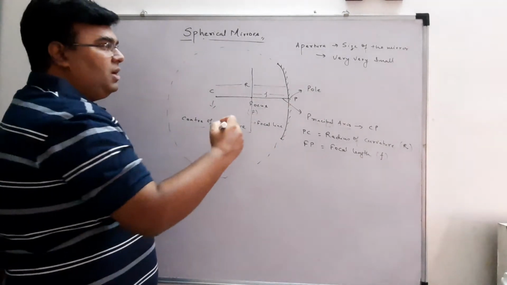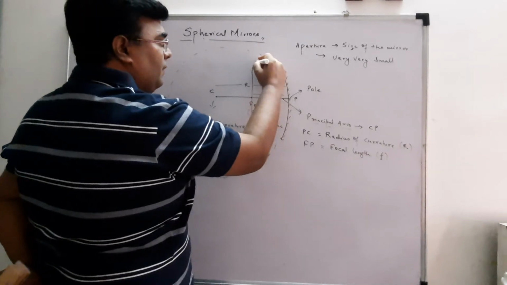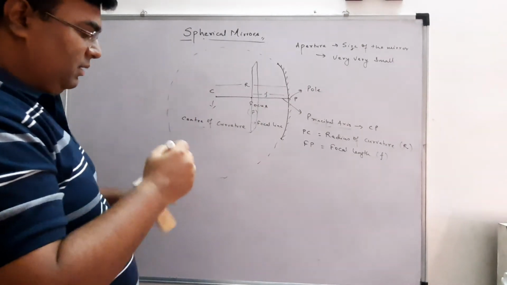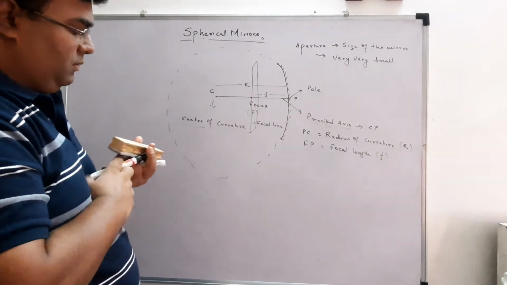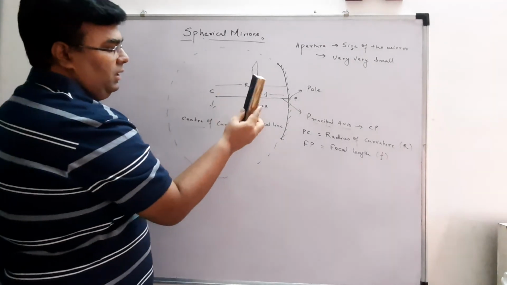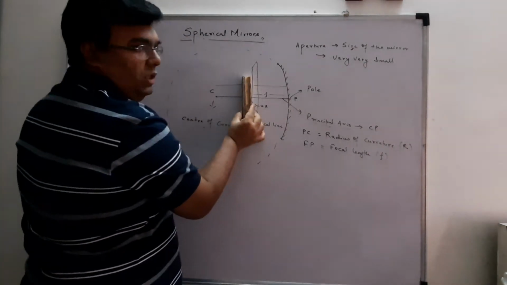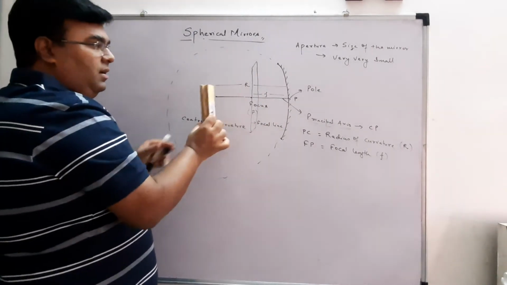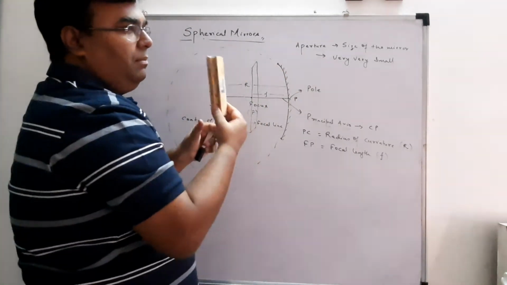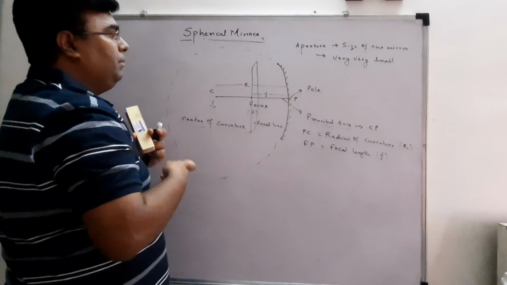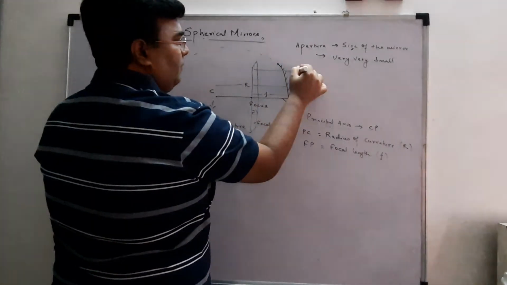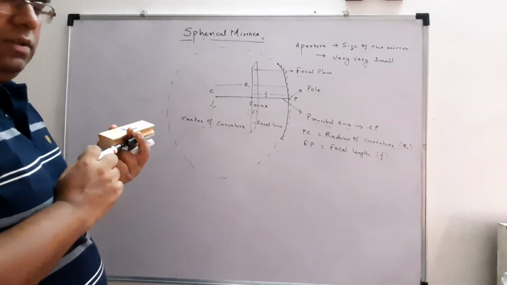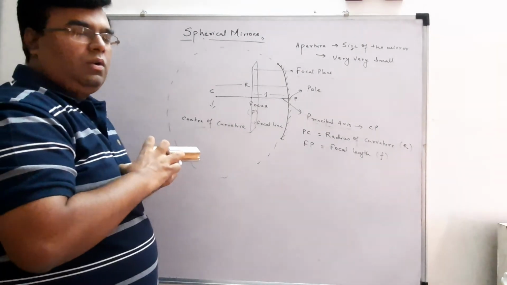And if you imagine a plane in two dimensions, suppose this duster I am keeping here, this duster is forming a plane at the focus, in front of the mirror. This plane is known as my focal plane. Similarly, this will be for the convex mirror also.